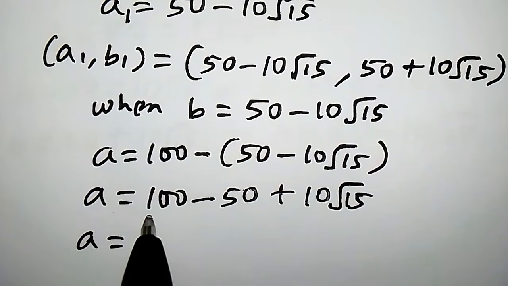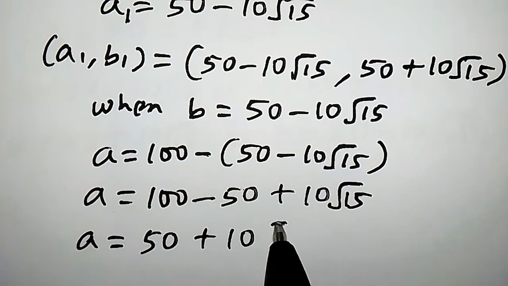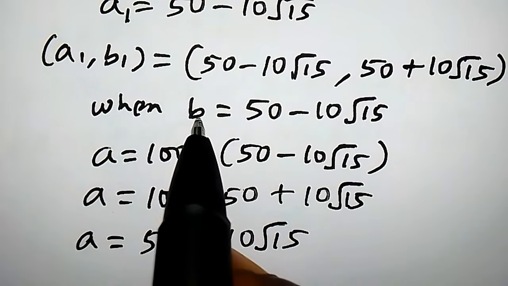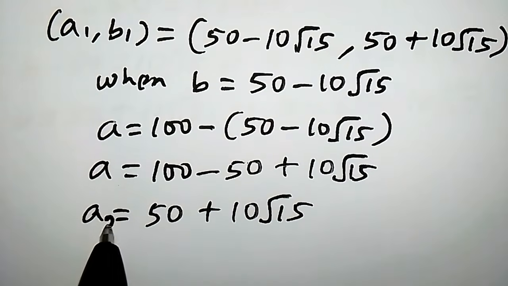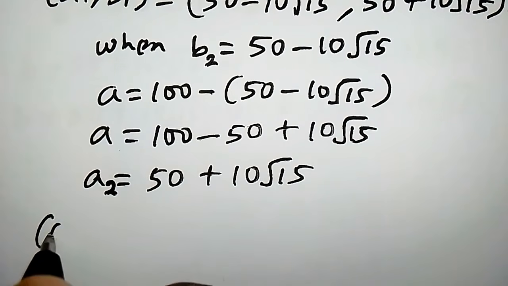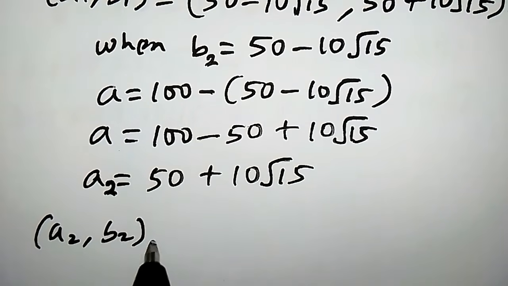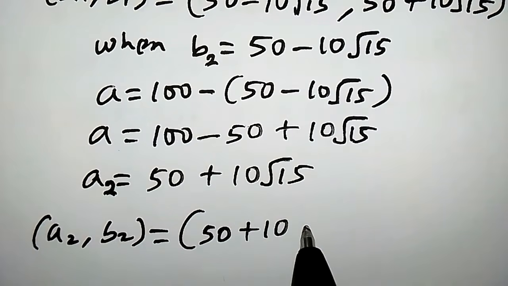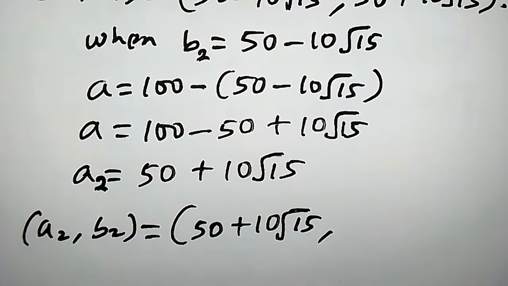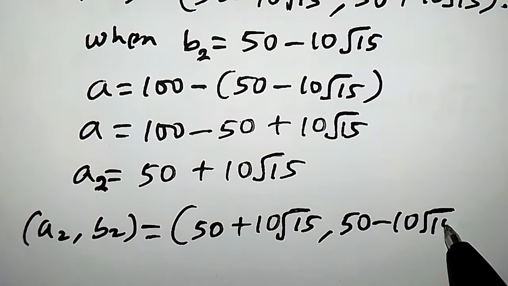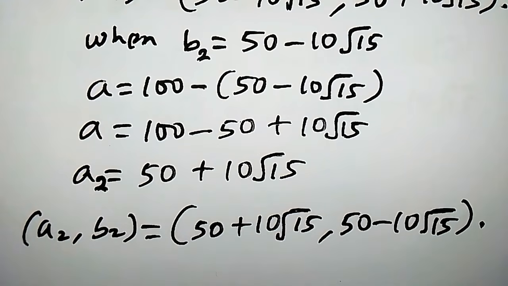A equal to 100 minus 50, that is 50, plus 10 root 15. This is the second value of A and this is the second value of B. Let's call this A2 and this B2. This means that A2 comma B2 is equal to A2 is 50 plus 10 root 15 and B2 is 50 minus 10 root 15. This is the second solution.